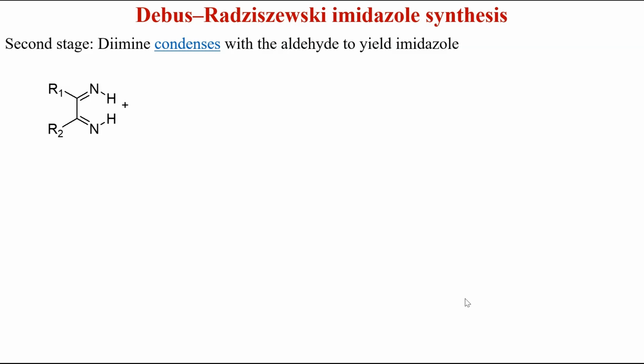Diimine reacts with an aldehyde. The pi electrons between the carbon and nitrogen move towards nitrogen. Once the electrons move towards nitrogen, what happens to nitrogen? It becomes electron rich. In the aldehyde group, the carbonyl carbon is electron deficient.